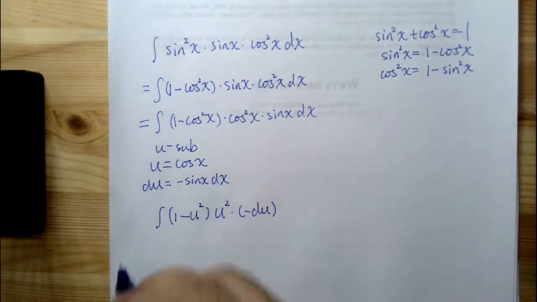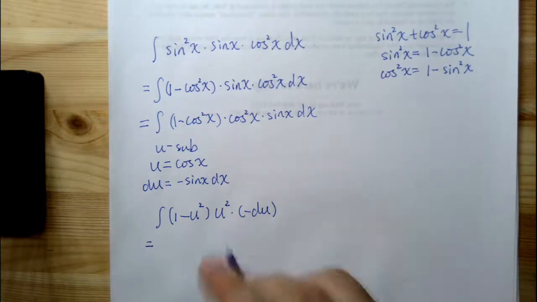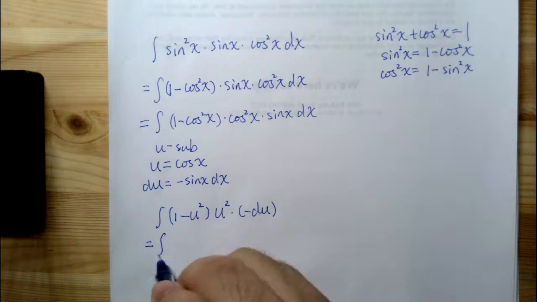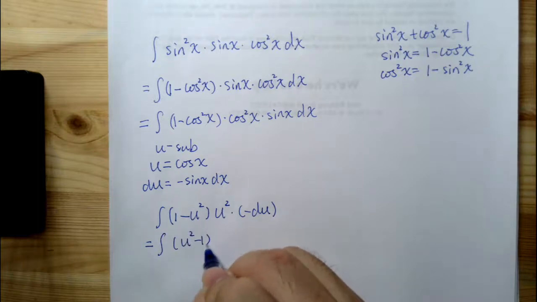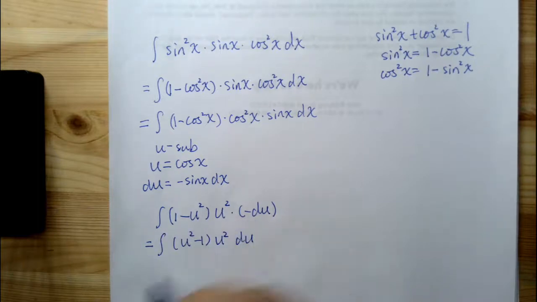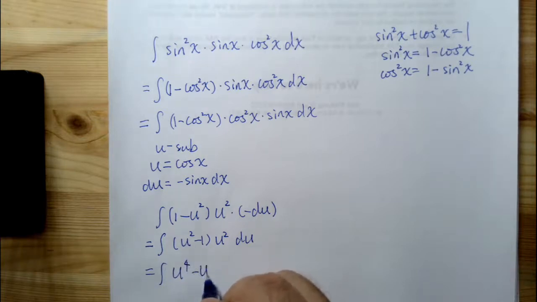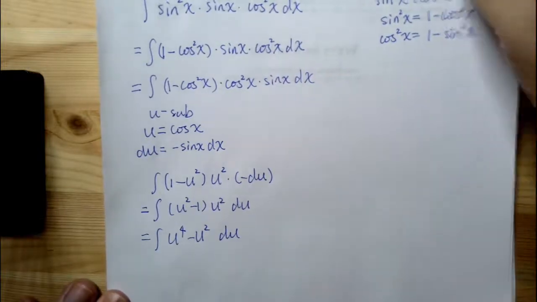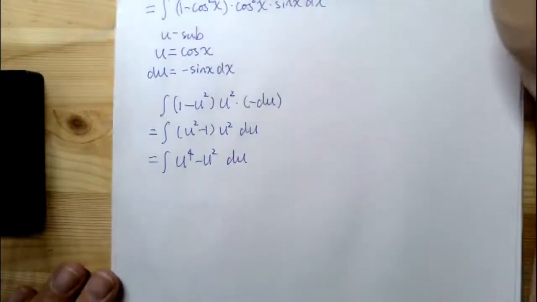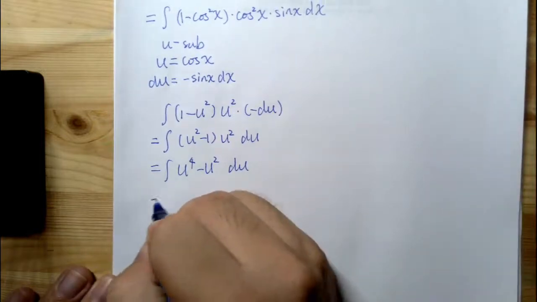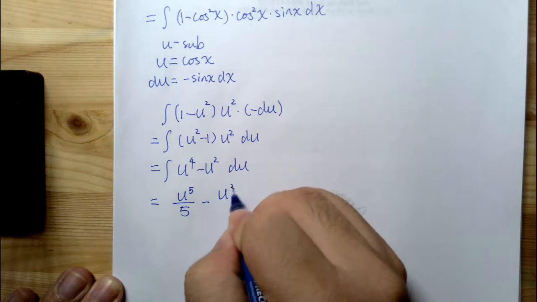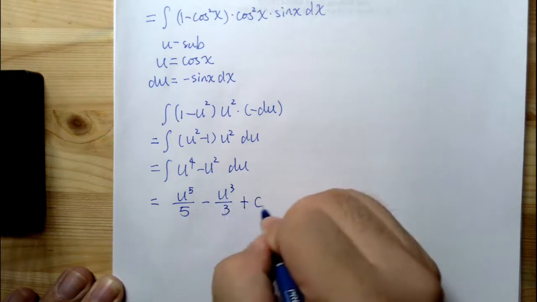Okay. And it turns out I can factor this negative in here. It becomes u squared minus 1 times u squared du. That is u to the power of 4 minus u squared du. This integral is very easy to evaluate as u to the 5 over 5, minus u cubed over 3, plus a constant.